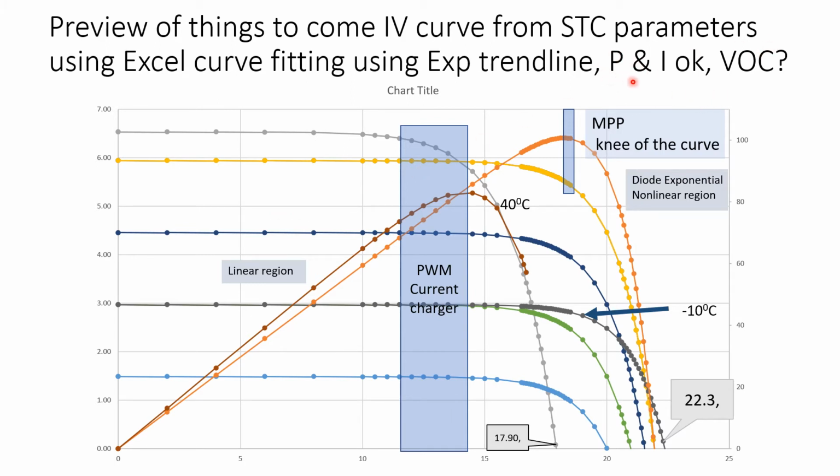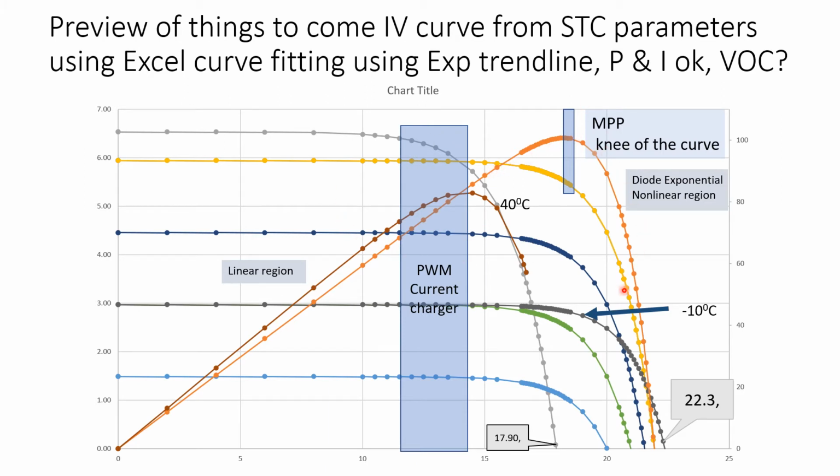The power and the current look okay. I'm a little concerned that the method I'm describing above for calculating the open circuit voltage may be off a little bit. I'm still working on this, but this gives me a nice picture to work from.